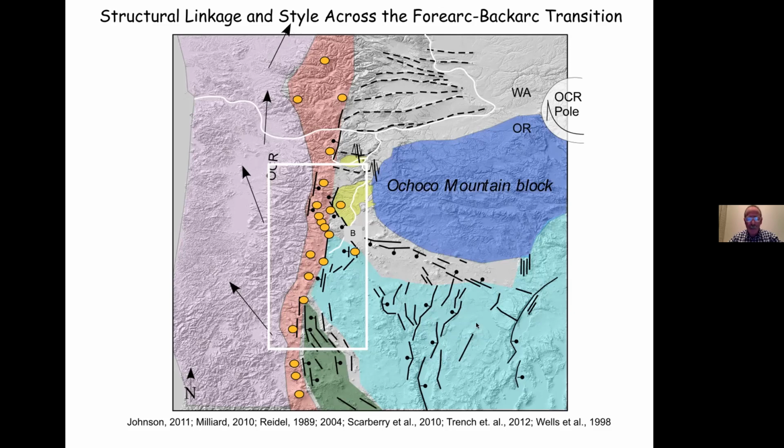And as a result of that, the back arc, or the region of the Basin Range, changes from a region of crustal extension in the light blue here to a region of crustal shortening.